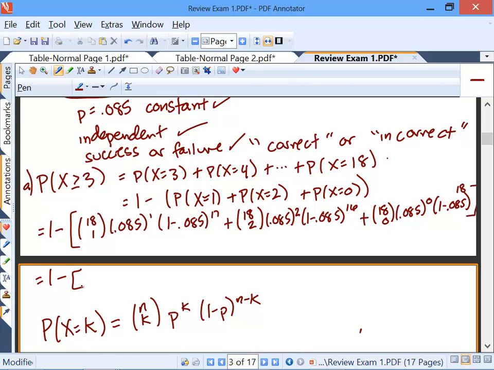And at this point, I put it in my calculator, and it does take a little while, which makes you really appreciate having a normal approximation, and the reason why we want normal approximations.